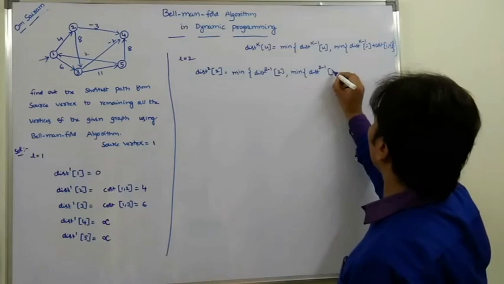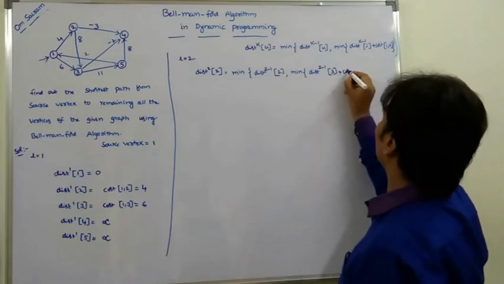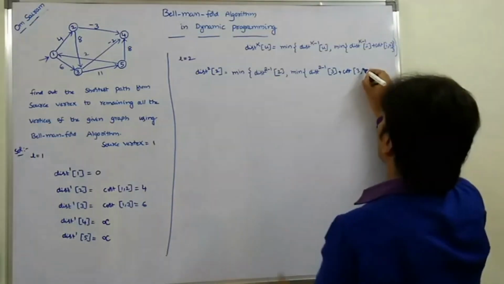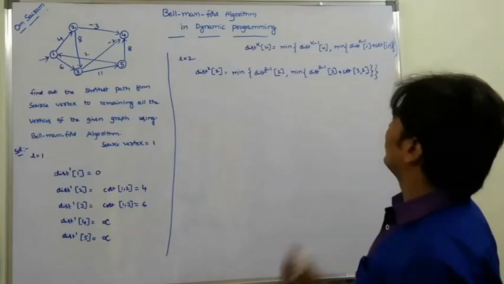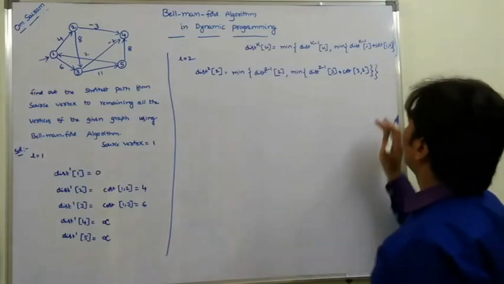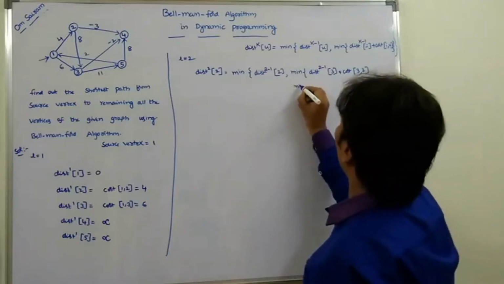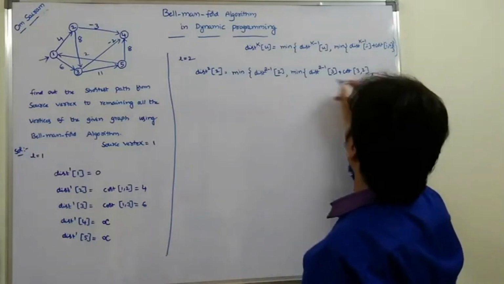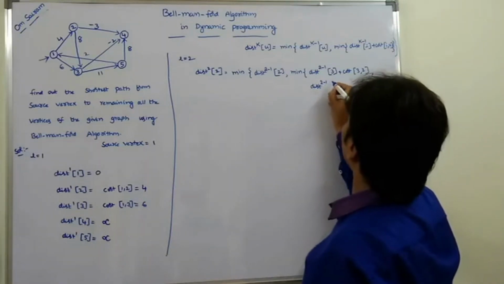First time we have to consider vertex 3. I is equal to 3. So that is cost of I value 3, comma, U value is 2. Cost of 3, comma, 2. Next, minimum of, comma, DIST of 2 minus 1.